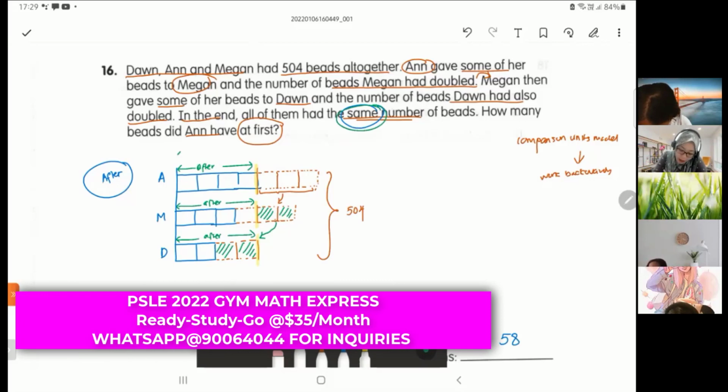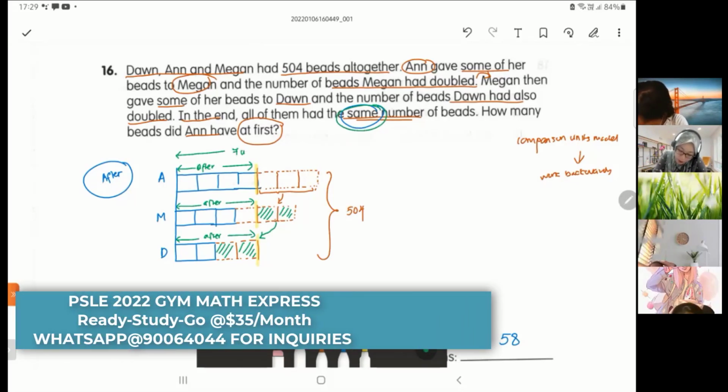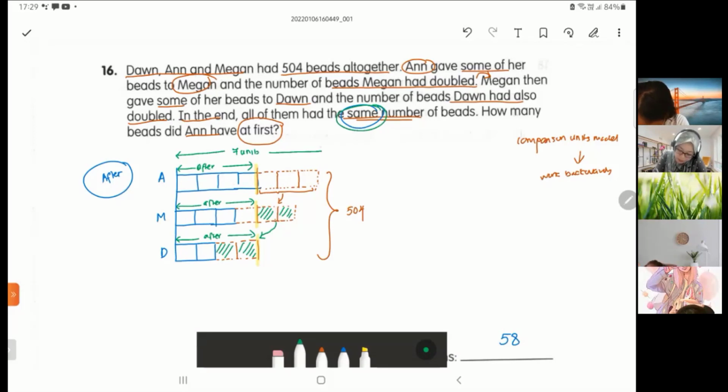If you look at Anne's total, it is 1, 2, 3, 4, 5, 6, 7. So Anne has 7 units. Megan had 3 units.